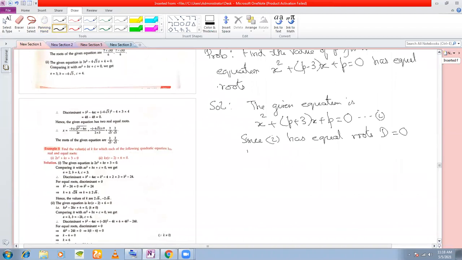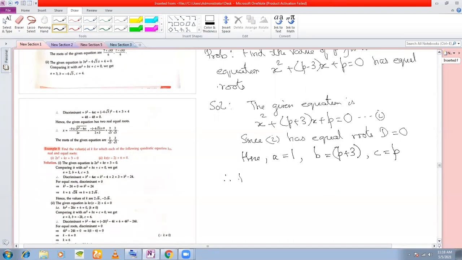Okay, let's first write down the values of a, b, and c. Then we'll find out this. So here we have, what is the coefficient of x square? 1. What is the coefficient of x? It is p plus 3. And what is the constant term here? p.